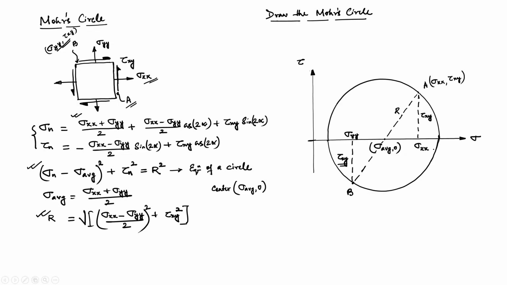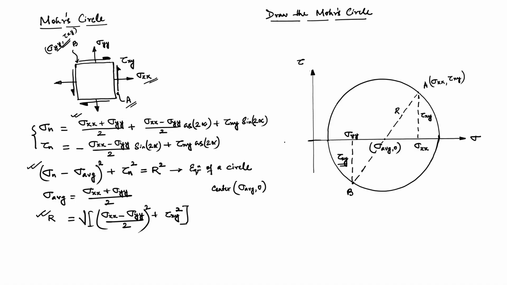So, that is the graphical representation of the Mohr circle, and see the advantage of drawing this Mohr circle. From this 2D stress field here, we can draw this Mohr circle, and we can immediately identify the center and the radius.